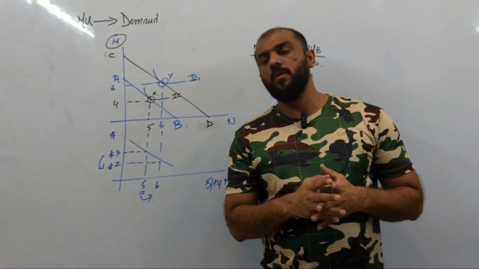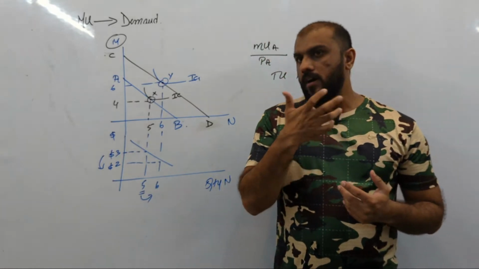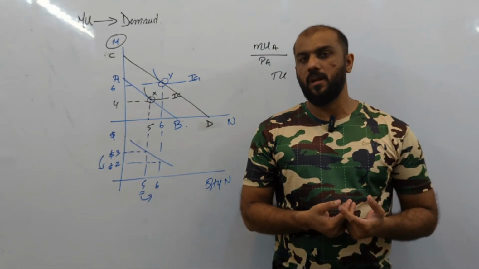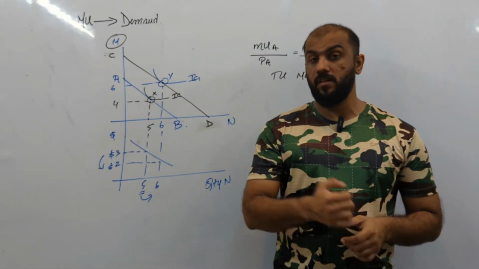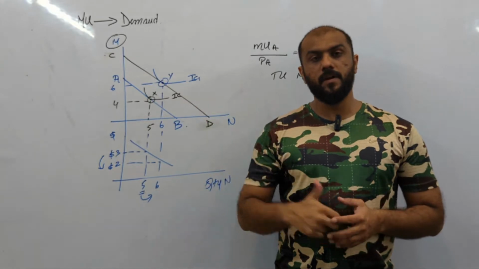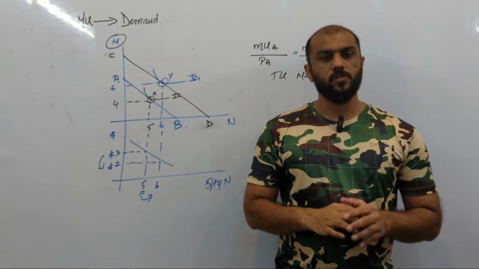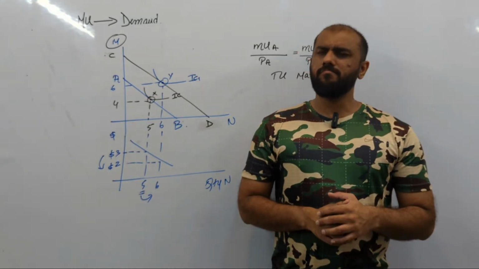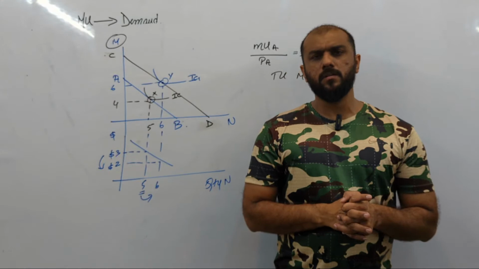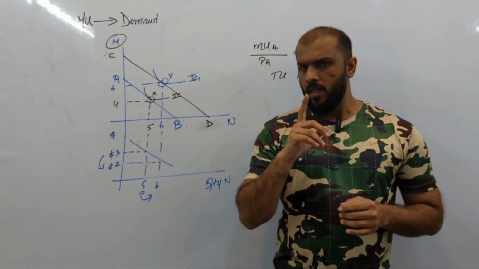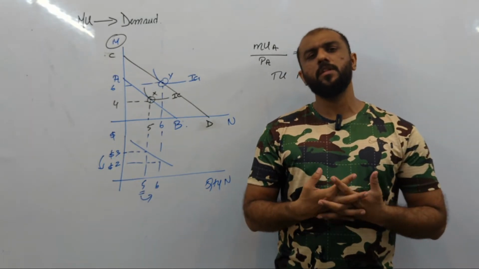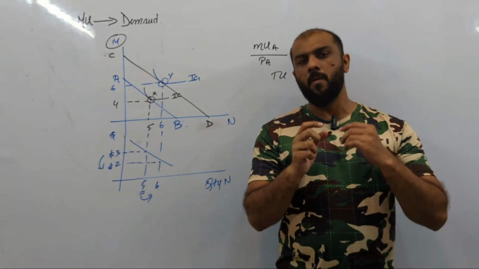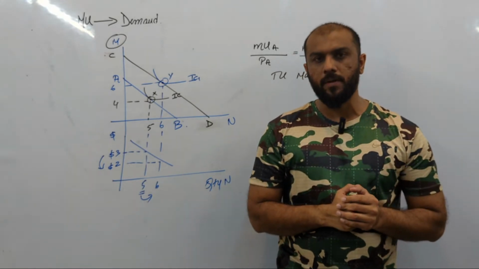So whenever a question comes up and asks about rationality, you can say that this theory assumes that consumers are rational, but in practical life, they are not rational because of emotions, advertisement, addiction. Okay, so this theory becomes irrelevant. Practically not irrelevant, because this is associated with behavioral economics, so it's a good insight into how marketing and advertisements are done.